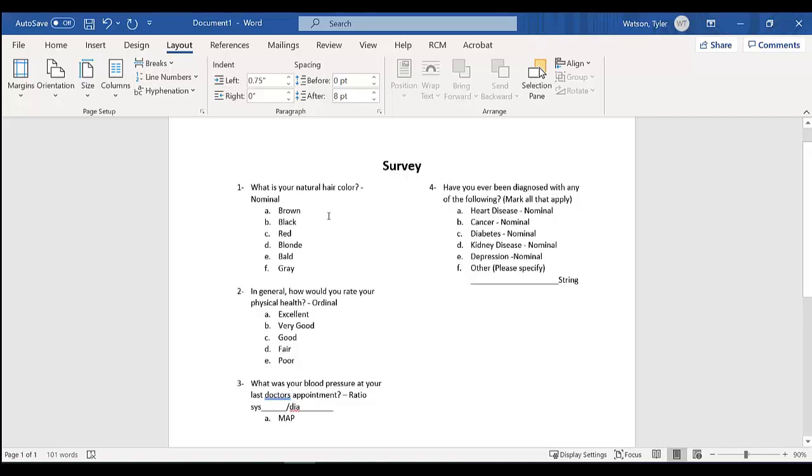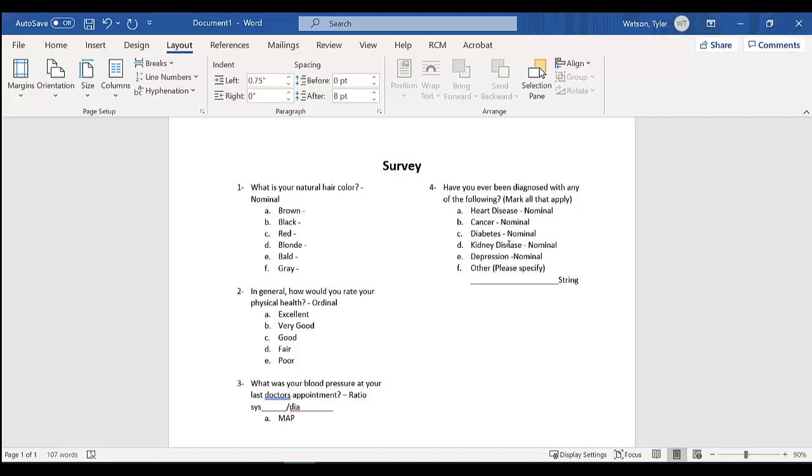We also need to tell the computer, or tell whoever's entering the data, what each of these will mean with a number, because while Excel will do words, it doesn't analyze words really well like it does numbers. And so we have to assign a number to each of these answers.